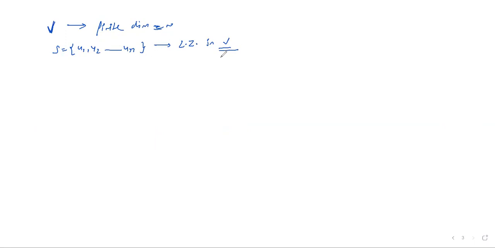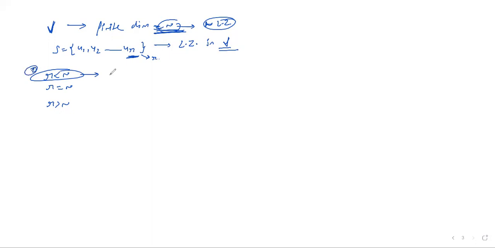Now let's say we have dimension n. Then the possible cases are r is less than n, r equals n, where r is the number of vectors in the set, and r is greater than n. In the first case, when r is less than n, we have dimension n, which means there have to be n linearly independent vectors, but in this vector space V we are given r linearly independent vectors, which is less than n.